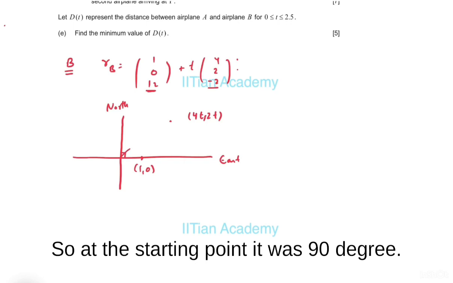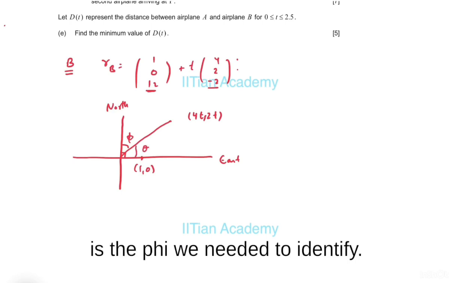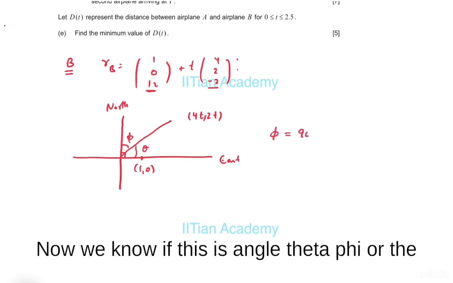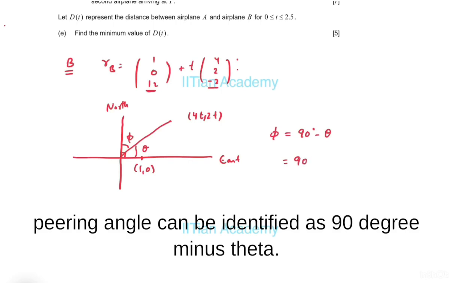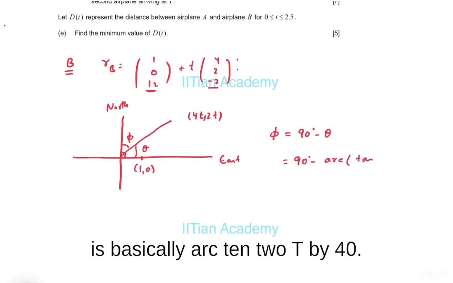So at the starting point, it was 90 degrees. Now at time t, this is the phi we need to identify. Now we know if this is angle theta, phi or the bearing angle can be identified as 90 degrees minus theta.